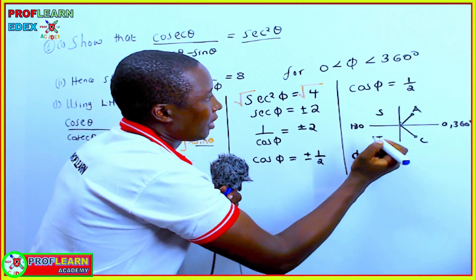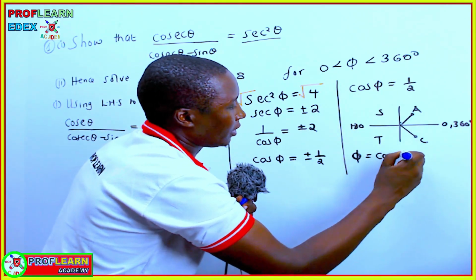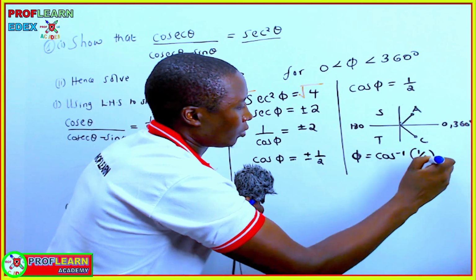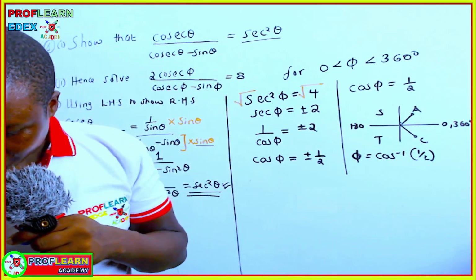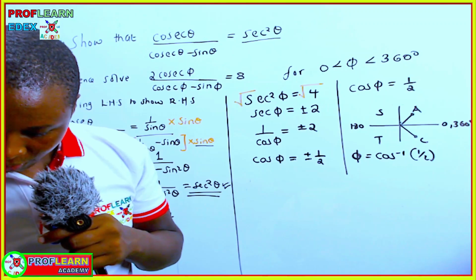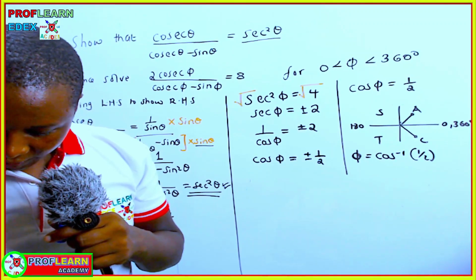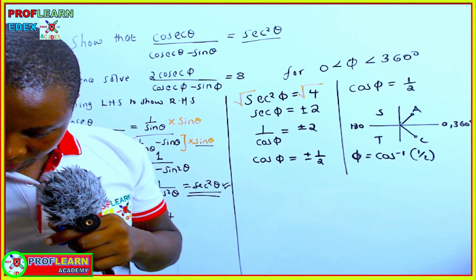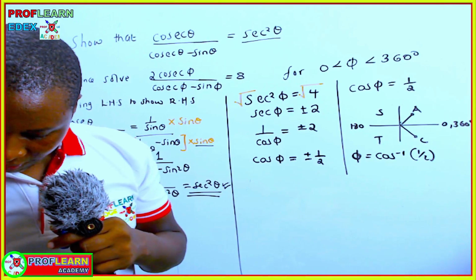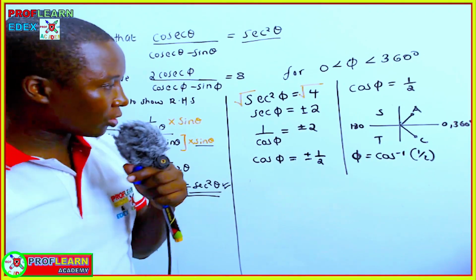First we need to find the principal angle phi. From this we can say phi is going to be cos inverse of 1 over 2. So we ask ourselves, cos inverse of 1 over 2 is actually 60.